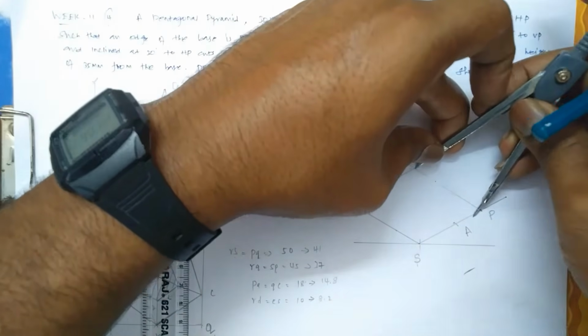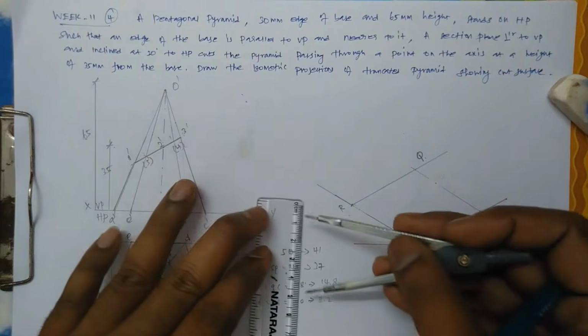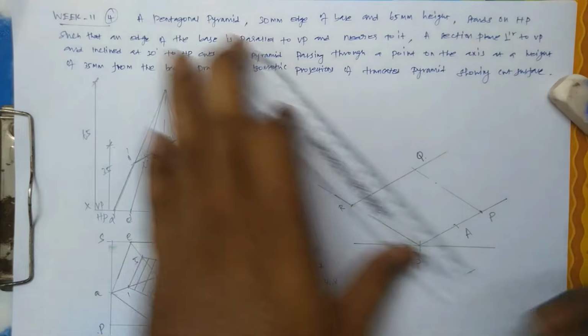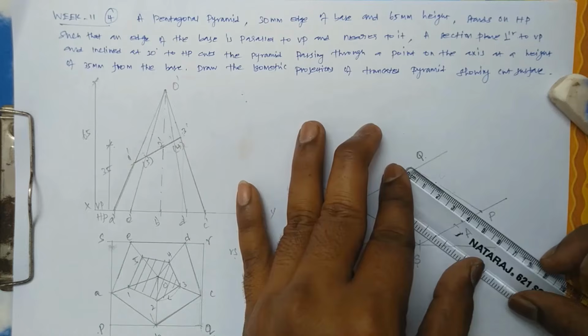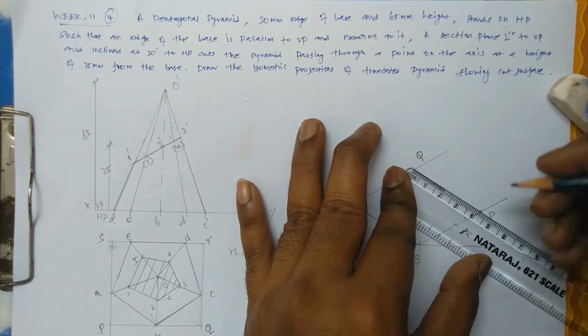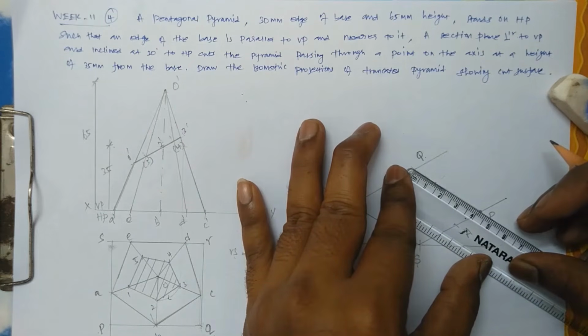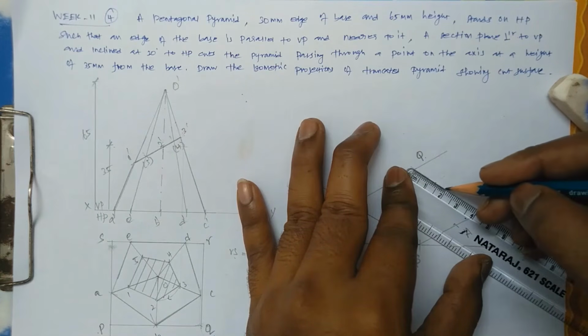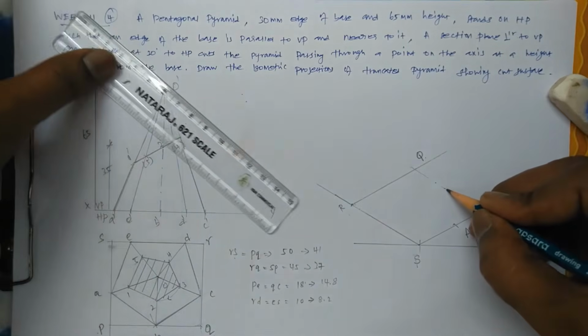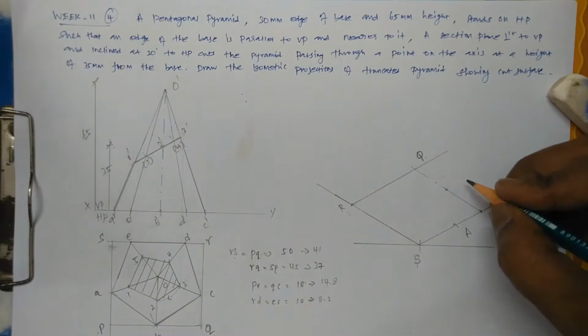Let us mark P. Let me verify. Okay, let it be 2 mm. It's not an issue. So let us place the C there. Slightly forward I kept.